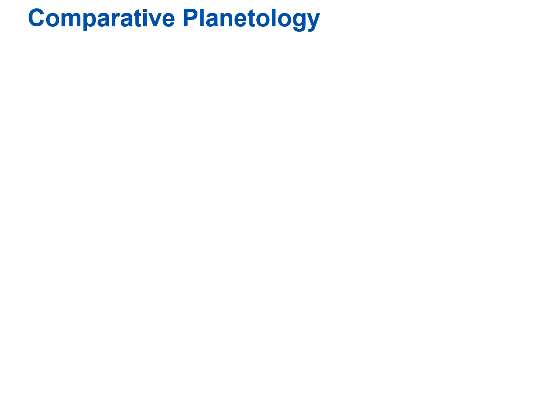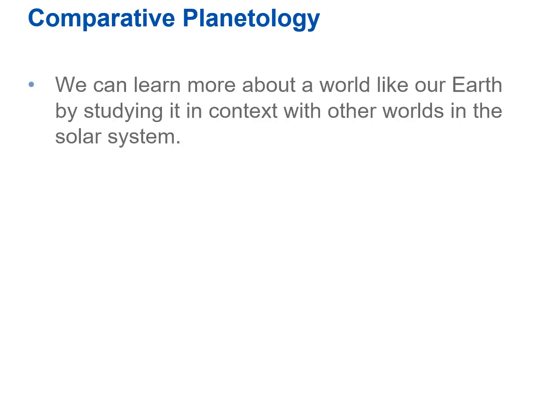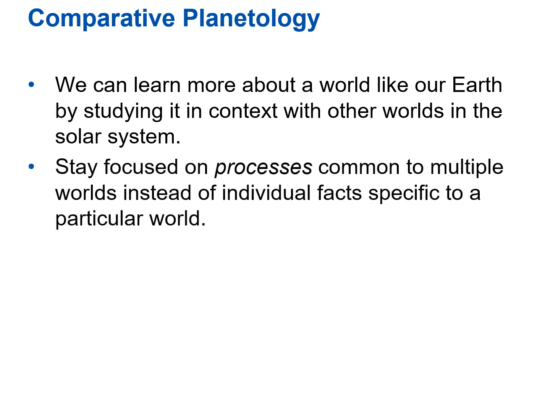When we study planets in chapter 7, we're going to get into comparative planetology, which is comparing planets. We can learn more about a world like our Earth by studying it in context with other worlds in the solar system. We're going to stay focused on the processes common to multiple worlds instead of individual facts specific to a particular world.